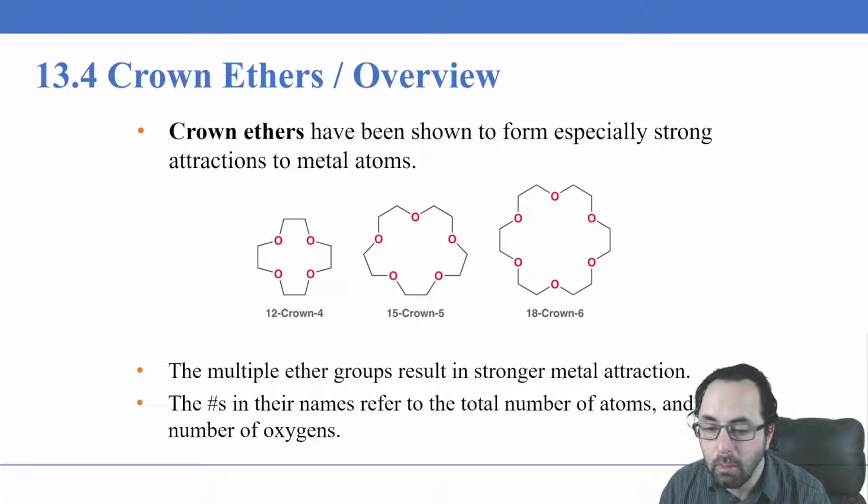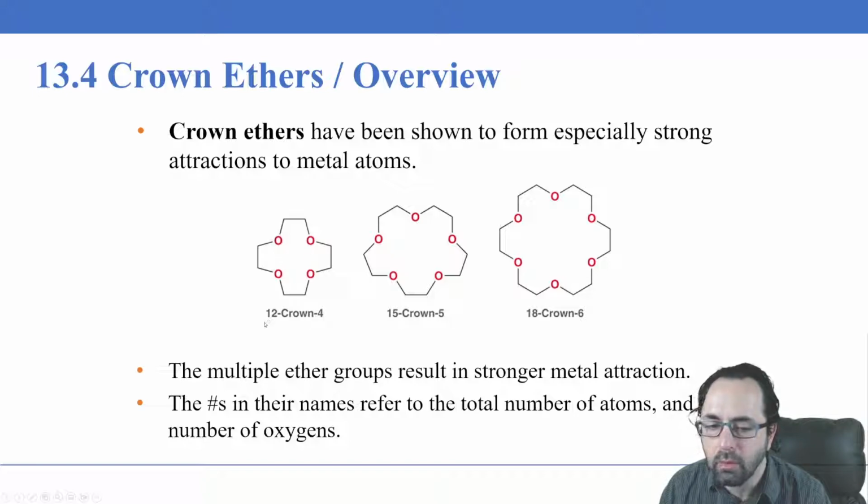And the specific types of ethers that are commonly used for alkali metals are referred to as crown ethers. And it's because they kind of look like a crown when you look at their structure here. The way they're named is in terms of the total number of atoms around the ring here. Let's see. There are 8 carbons, and there are 4 oxygens.